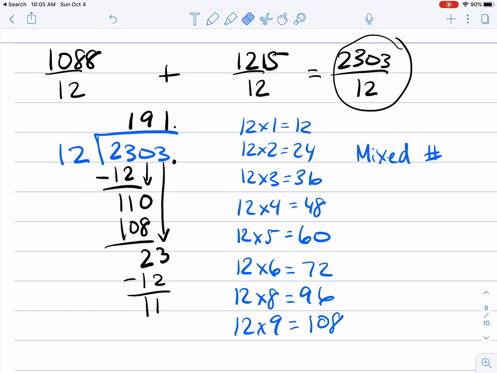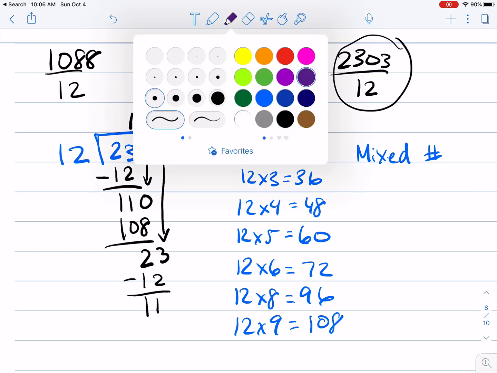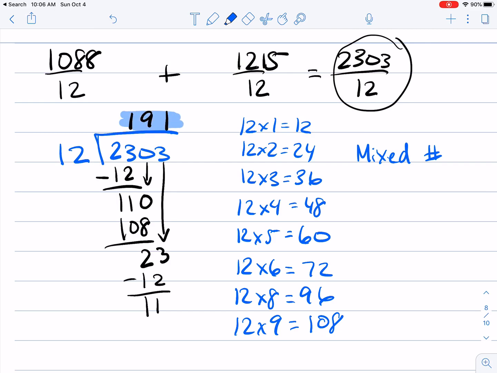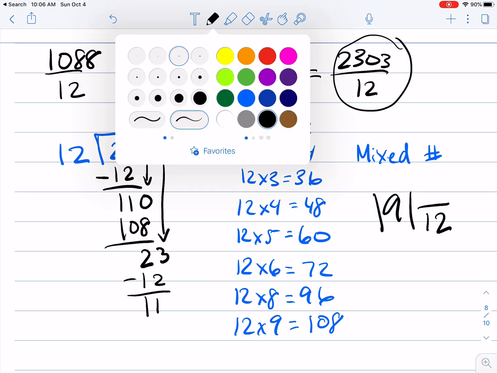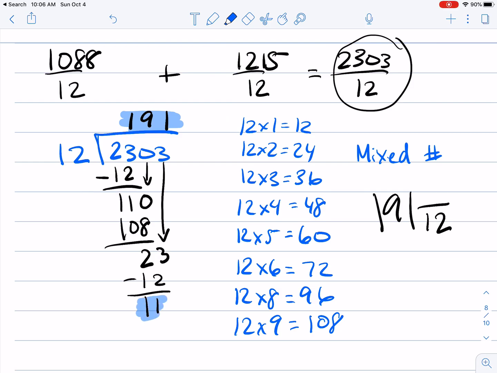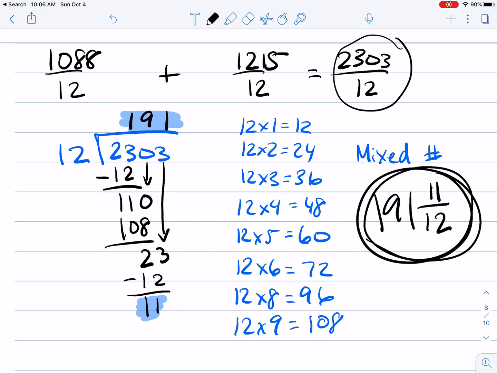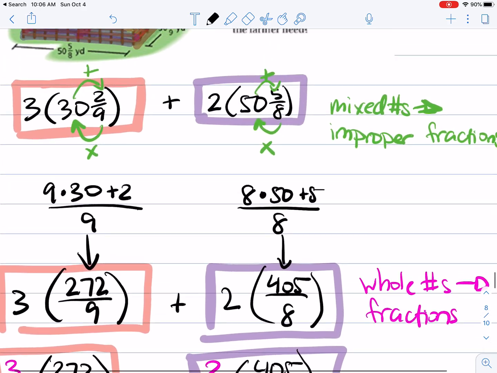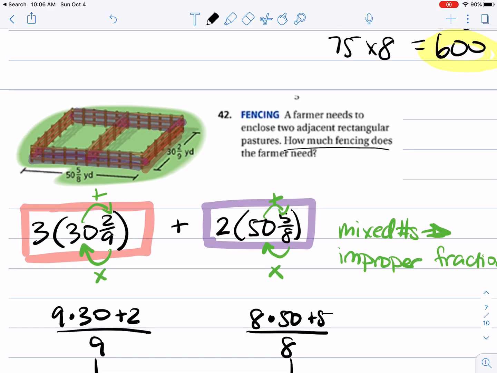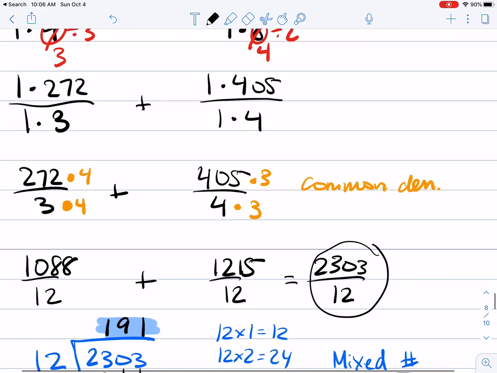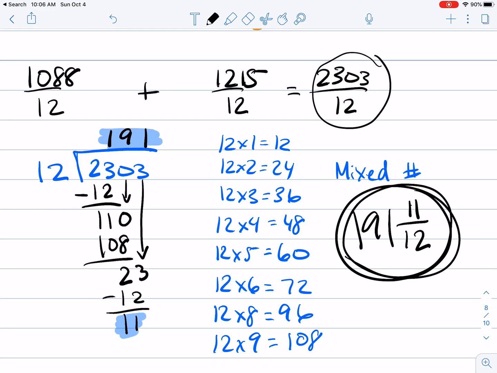We're making a fraction or a mixed number, so we don't even have to do decimal points. My whole number is 191. And my fraction is 12. Denominator is 12, and I have 11 left over, so my numerator is 11. So this is my answer, 191 and 11/12. And that is how much fencing the farmer needs. This is in yards, so I'm going to write yards.